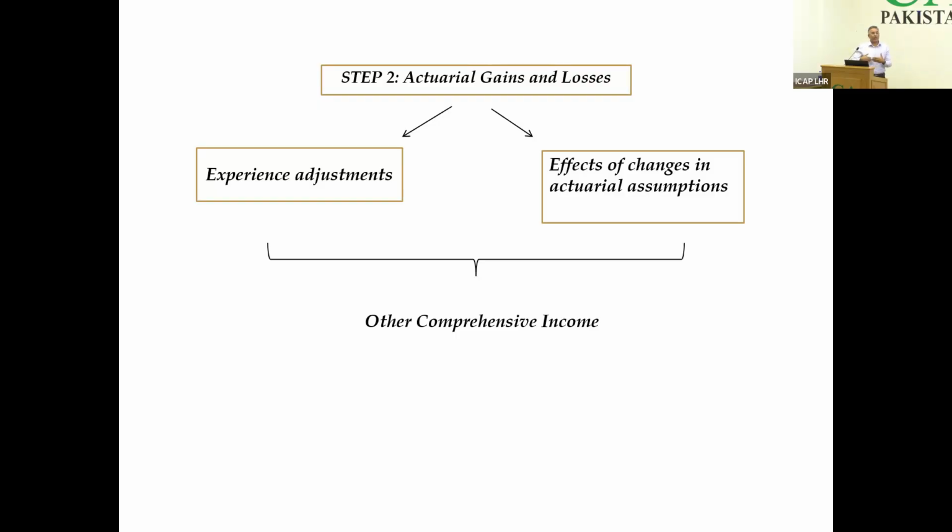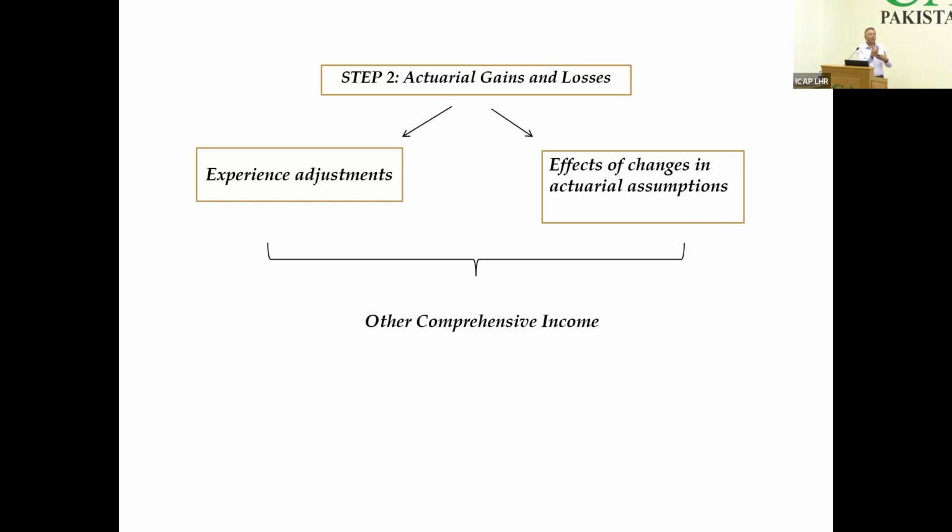Sometimes our actuary changes the assumptions. In the previous example, the assumptions were, let's say, the employee will remain for 5 years, the discount rate is 10%, the annual increment is 7%. All these are our assumptions. And let's say at the end of the first year, we get the report from the actuary. He bases the calculation on 5 years.